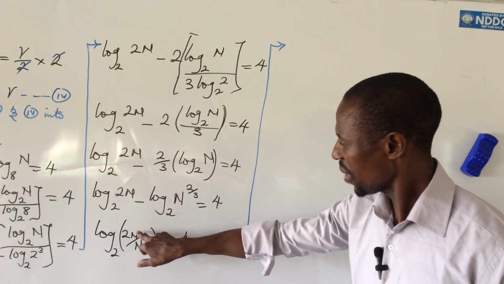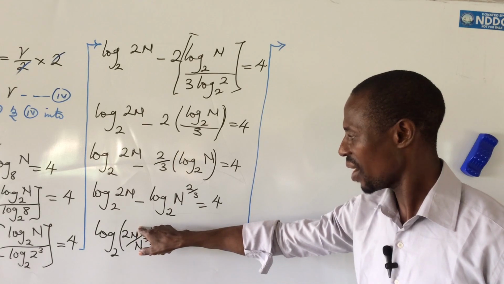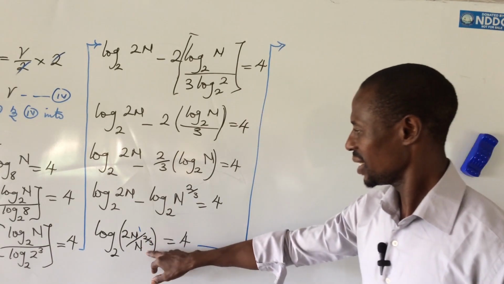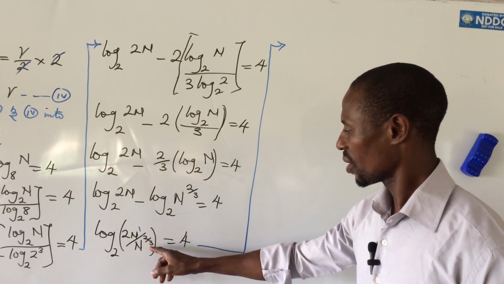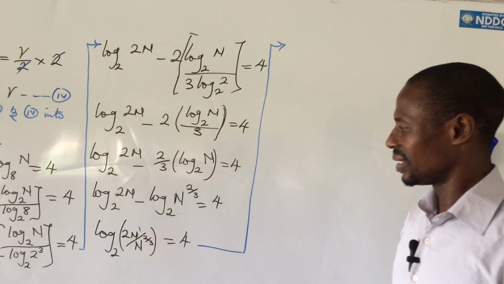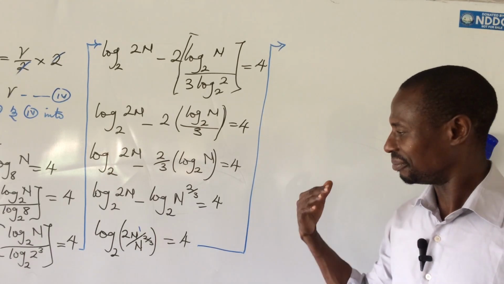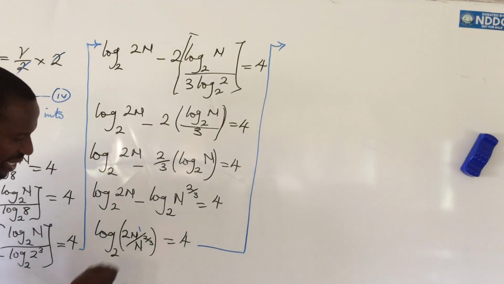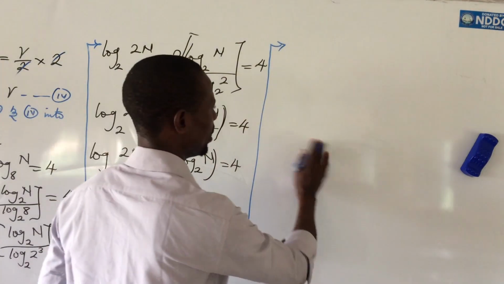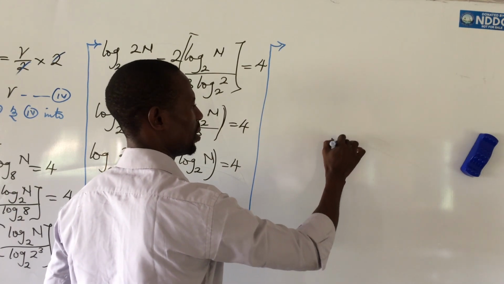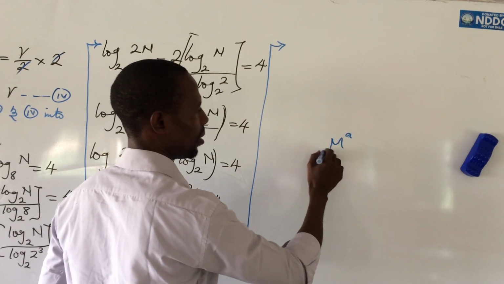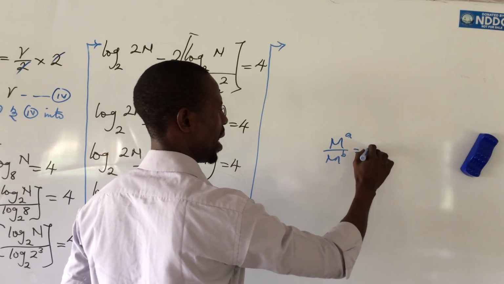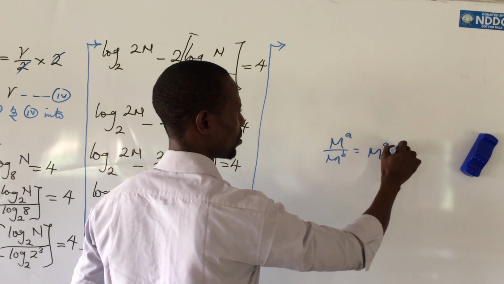Okay. We are having n here, we are having n here, and the power of n here, mind you, is raised to invisible 1. So if n is to the power of invisible 1, then we can carry out the division law of indices. According to the law of indices, it says that if you have m to the power of a all over m to the power of b, this is equal to m to the power of a minus b.